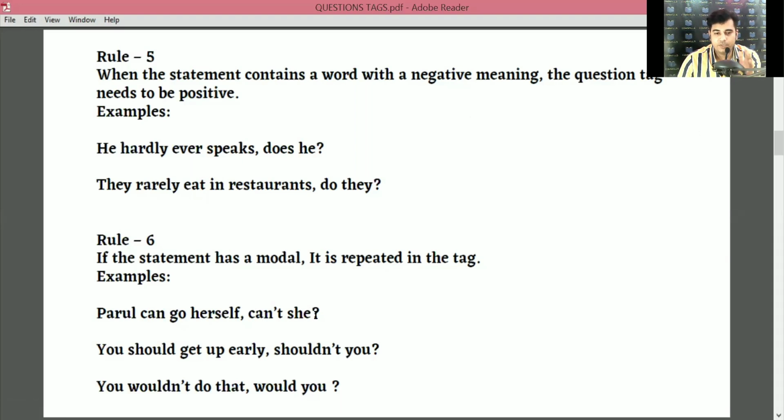You need to make question tags according to the first sentence's auxiliary or modal verb, or helping verb. Parul can go herself. Here we are using can, so we make the tag with can't. Can't she, right? You should get up early, shouldn't you? You wouldn't do that, would you?